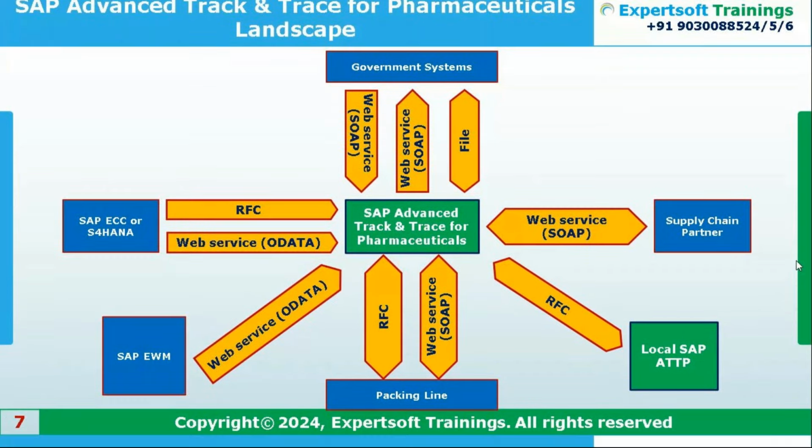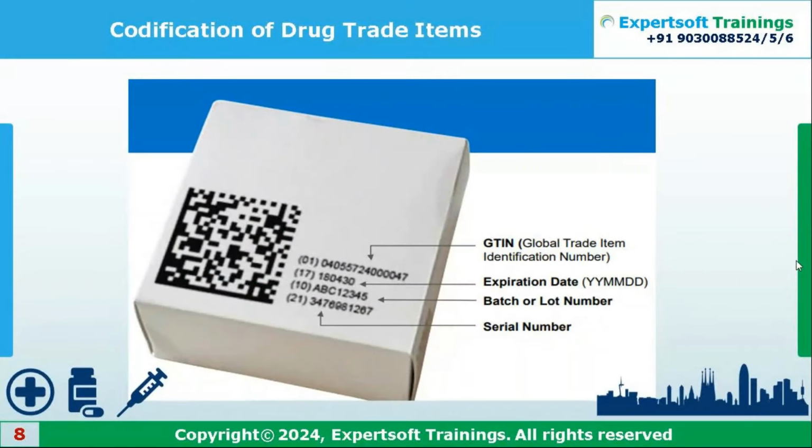Moving to the next slide. This is what I was talking about, the GS1. So you see 01171021. These are the identifiers, and whatever number follows them, that is what they mean. If any number starts with 01, this is a GTIN, which is a trade item number, which is a material number.